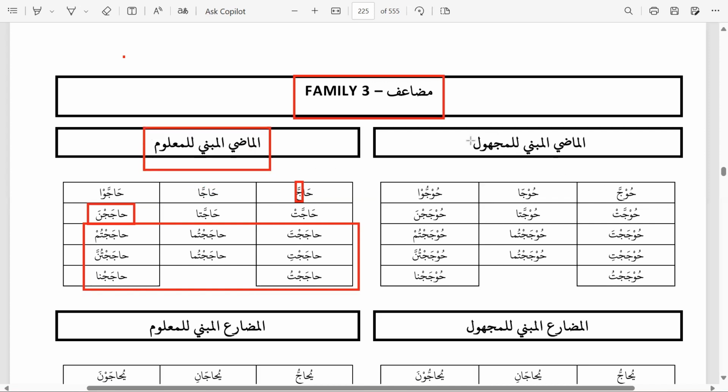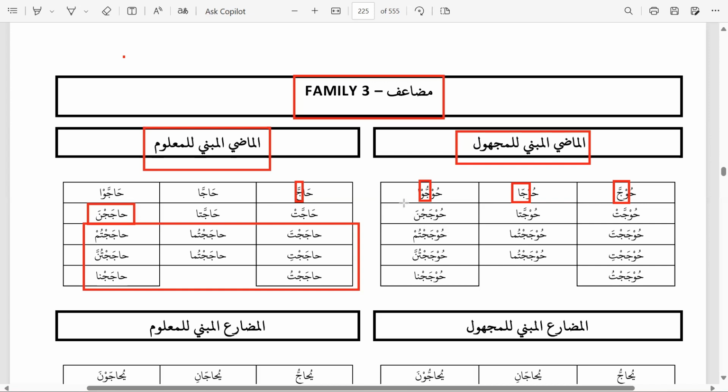And then we have fi'l madi mabni lil majhool, past passive. Again, you can see that all the other sigha, just before hunna, have fusion. Hujja, hujja, hujju, hujjat, hujjata. Then when it comes to hunna, the second and third letters become separate.